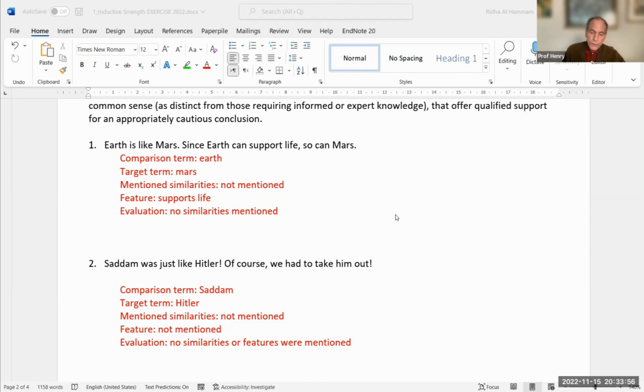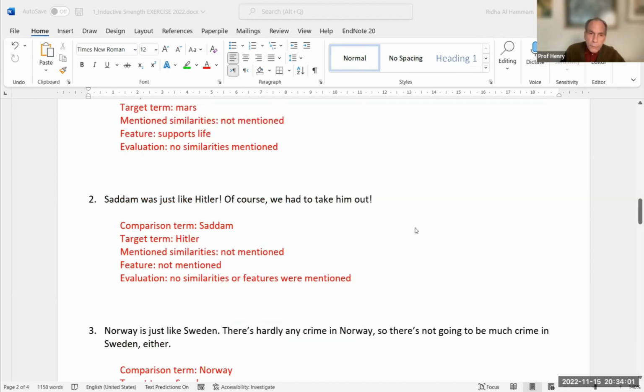Okay, here, Saddam was just like Hitler. Of course, we had to take him out. So the feature similarities are not mentioned. It just said just like Hitler. Well, you need more in order to say we have to take him out. One could say Saddam was no bargain, but Hitler was taking over countries and killing people.